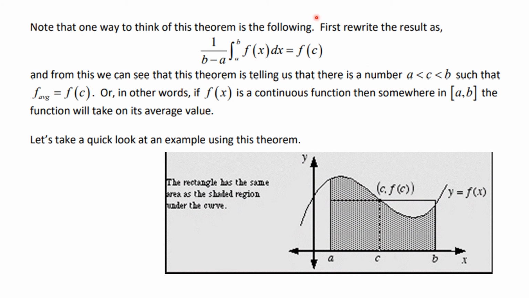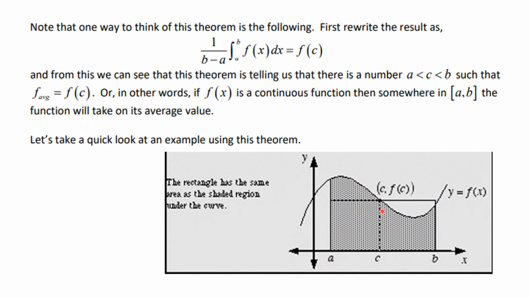Note that one way to think of this theorem is the following. If we rewrite it this way, that means that there is a value of c between a and b such that the average value of the function over [a,b] is equal to f of c. And here's a picture.